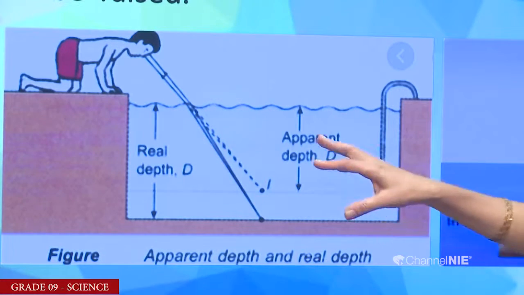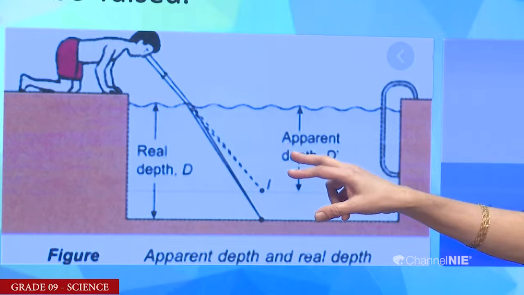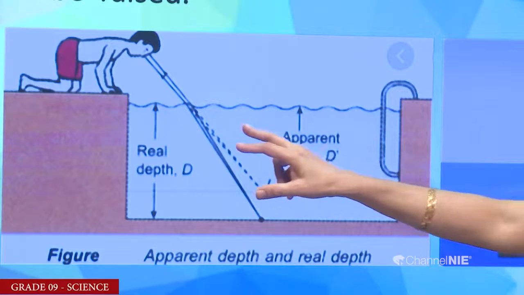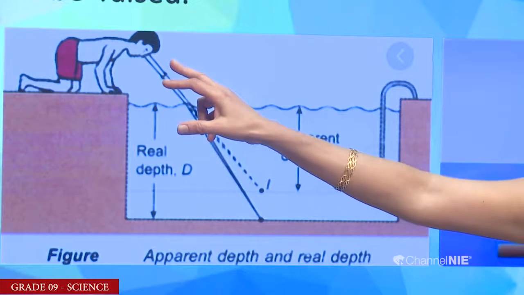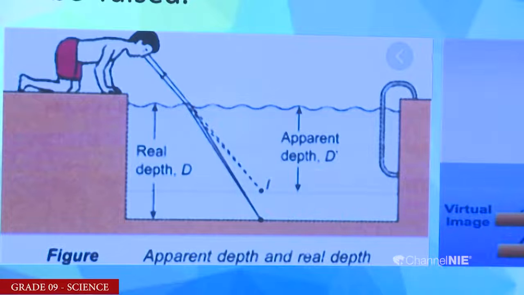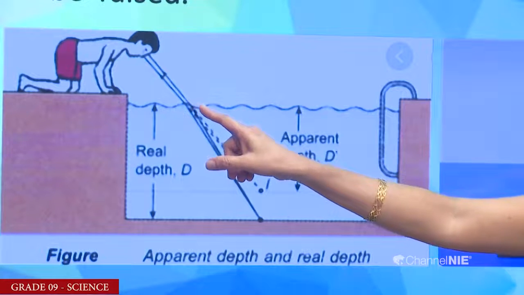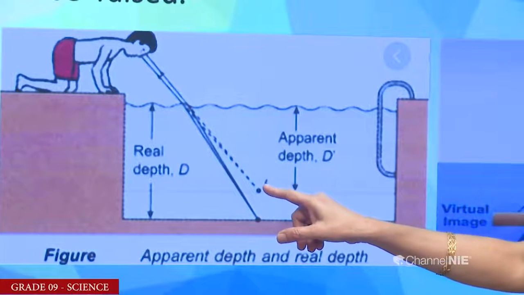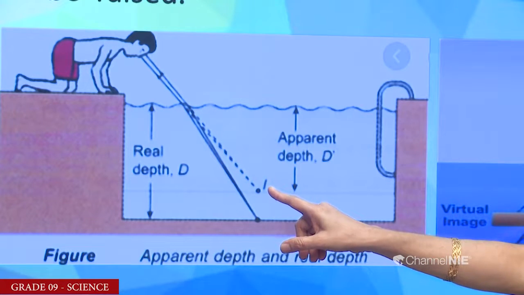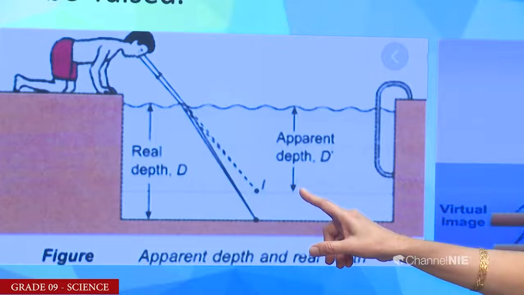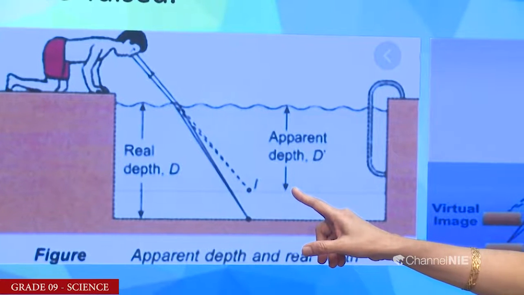To get an image, you have to draw at least two rays. You can see two rays travelling towards the eye of the observer. If you extend these two rays behind, you will get the place where the image is. This is called the apparent depth of the swimming pool.